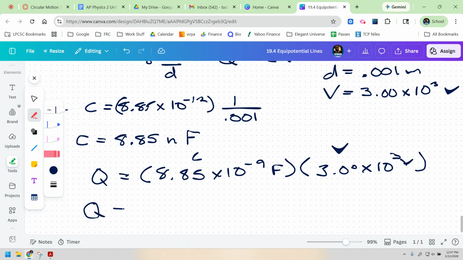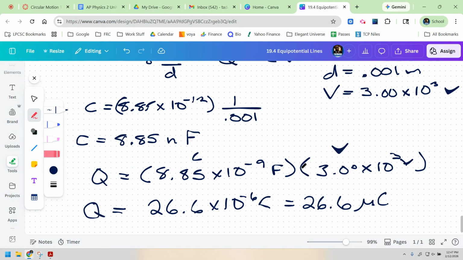So my charge then ends up being 26.6 times 10 to the negative 6 coulombs, or 26.6 microcoulombs. And that's basically it.